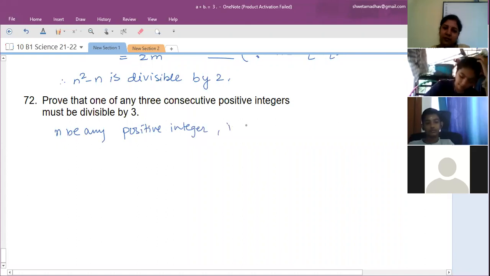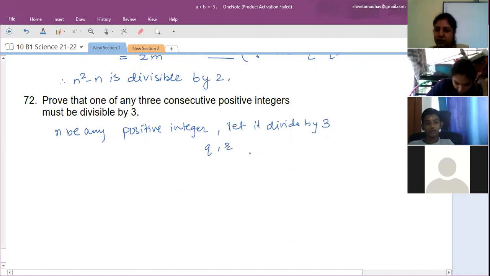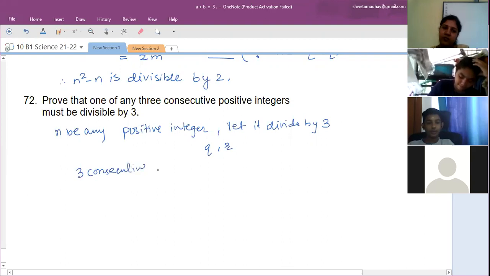Let it divide by 3. Q be the quotient, R be the remainder. Now 3 consecutive integers are n, n plus 1 and n plus 2.